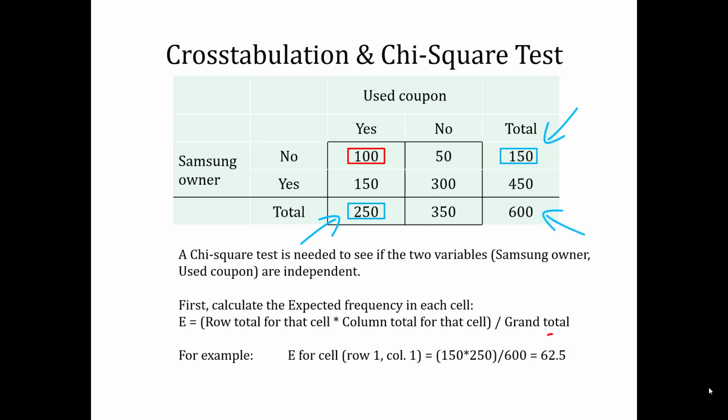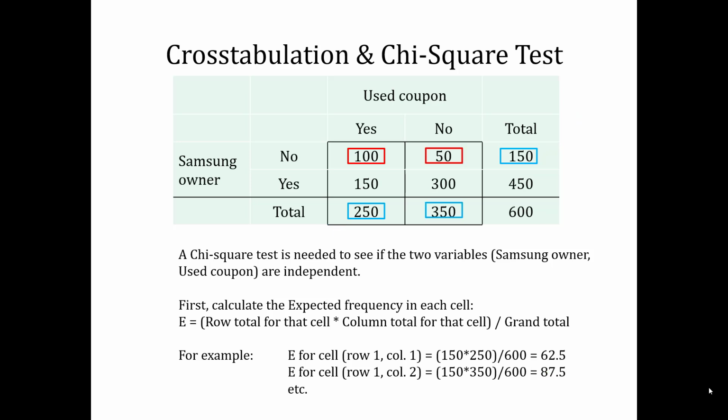This gives you an expected frequency of 62.5. You can similarly calculate the expected frequency for cell 1, 2, that is row 1, column 2, as 150 times 350 divided by 600, which gives you a value of 87.5, and so on for each of the four cells.